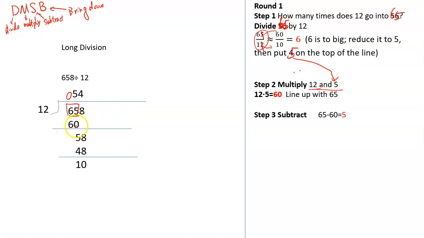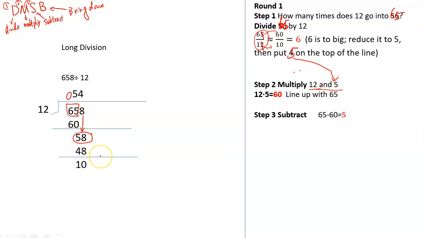We line up 60 with the 65 we have, and then next we do the third step, subtraction. So division, multiplication, subtraction. We get 65 minus 60, that's 5 right here. Now B means bring down. If we have any digits, we bring down the next digit, 8. After we bring down 8, the focus is going to be this new number, 58.